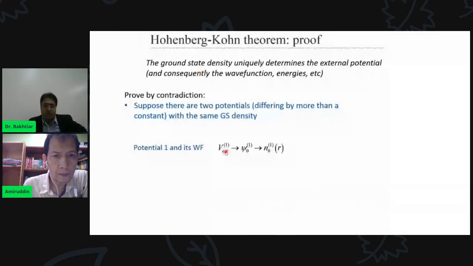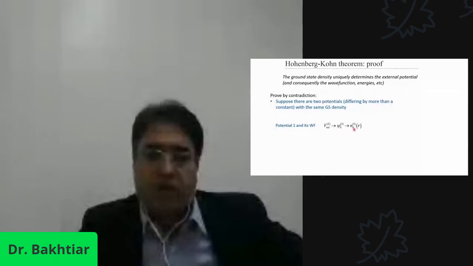External potential 1 has ground state wave function 1, and the ground state density corresponding to this potential is N1(r).